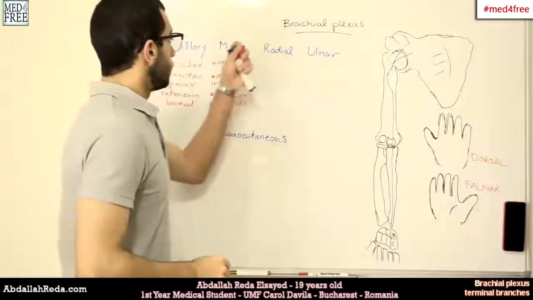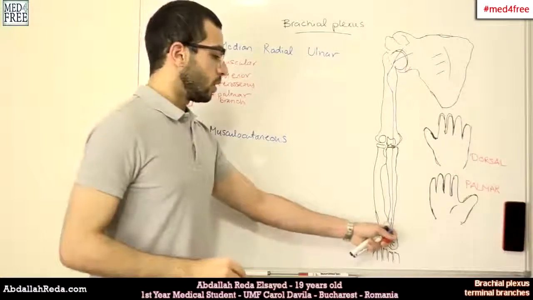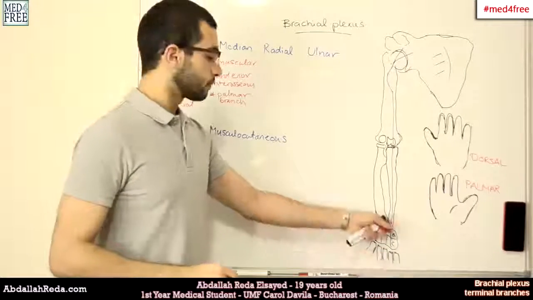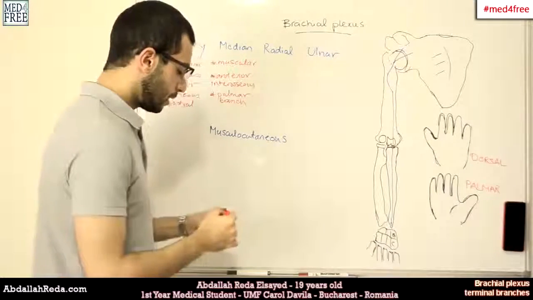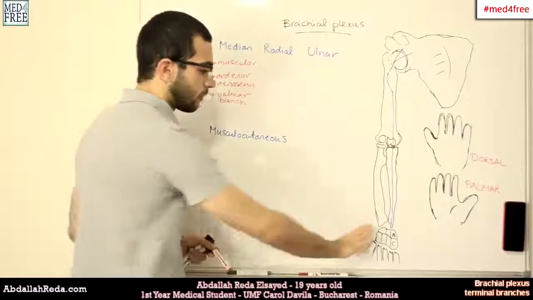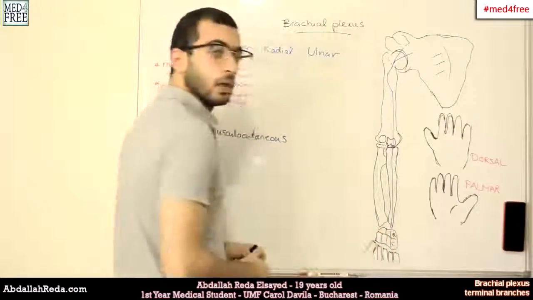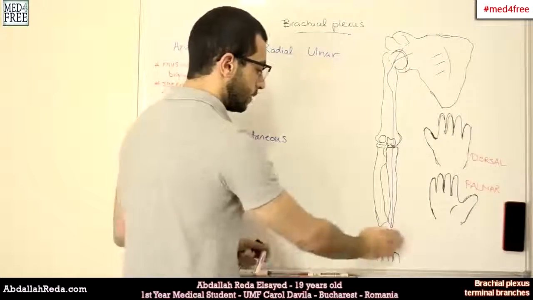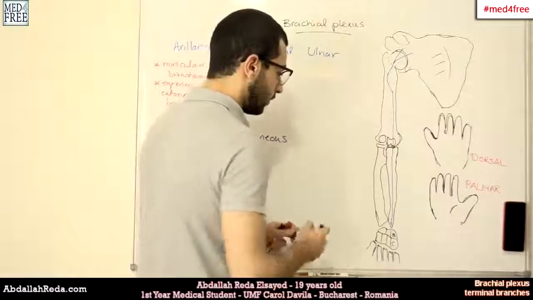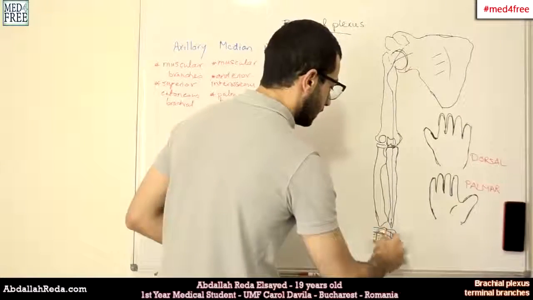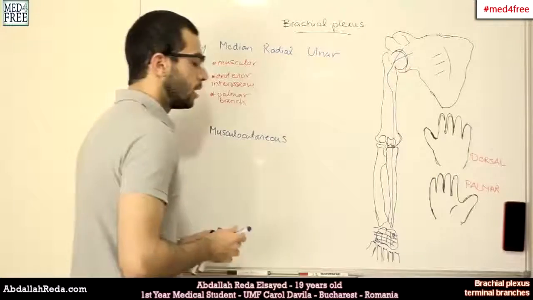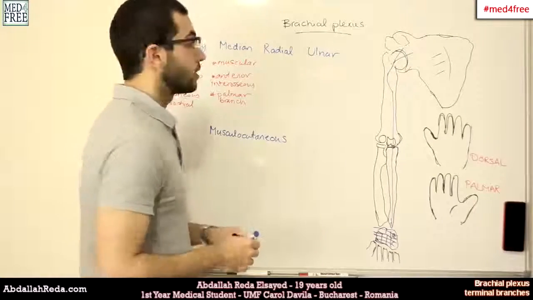Matter of fact, when the median nerve goes to the hand, there's something which covers the carpal bones in this region. It's called the flexor retinaculum, like this. And it forms a tunnel.